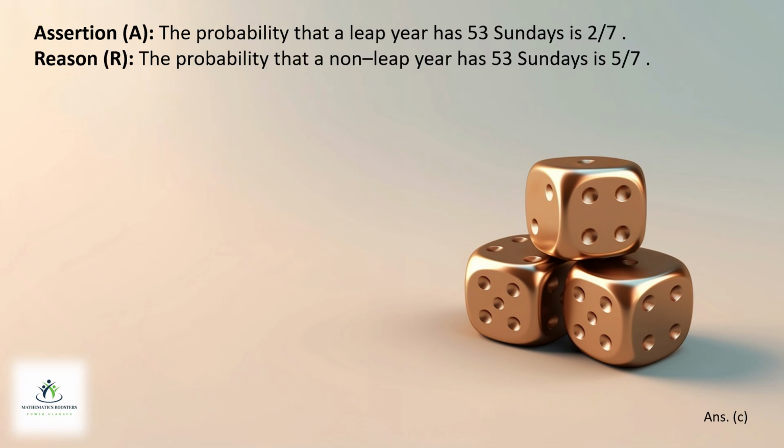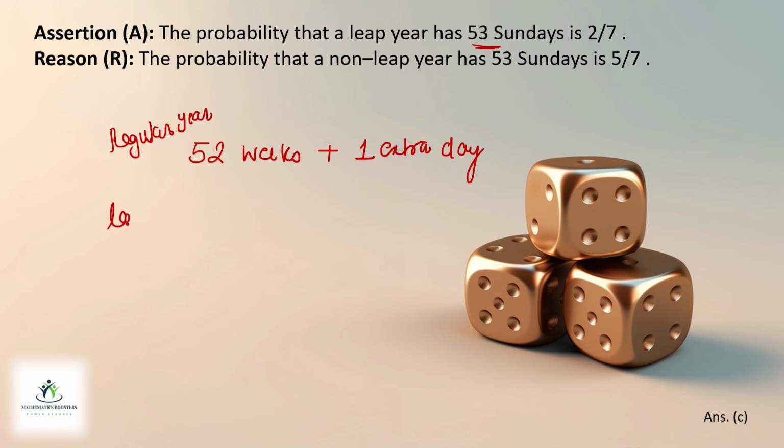Next. The probability of a leap year has 53 Sundays. So in total we have 52 weeks and 1 extra day. This is a regular year. When it is a leap year, we have 52 weeks plus 2 extra days.